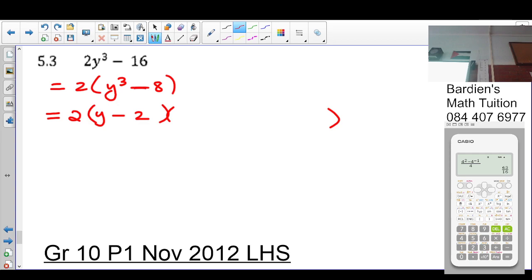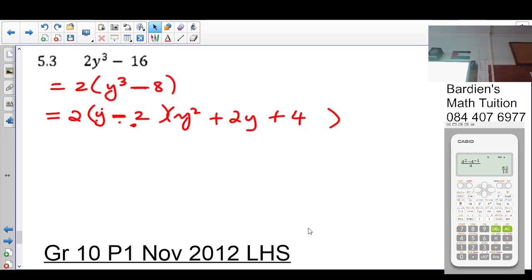The sign will be the sign in the binomial's bracket. We take the first term and square it. What do we get? y squared. Then this is plus, minus, so this must be the opposite sign always. And 2 times y. And this is the last term squared, so it will be positive. Okay, that last term will always be positive.